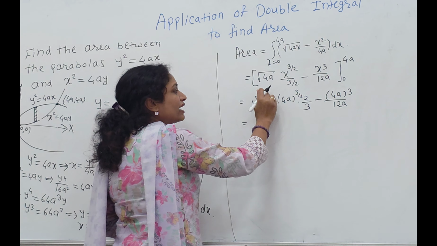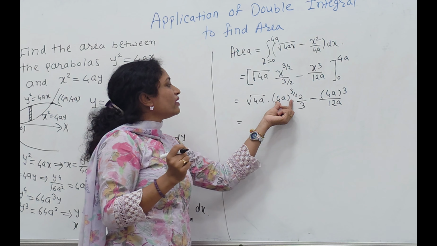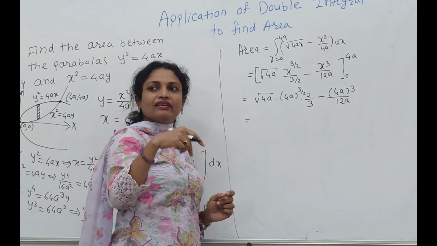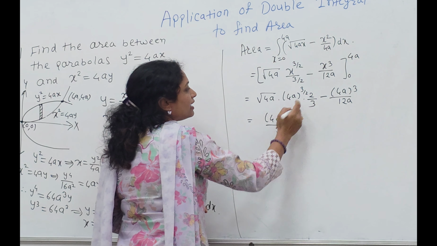4a square root means 4a raised to half. 4a raised to half into 4a raised to 3/2 gives 4a raised to 4/2, which means (4a)², so it will be 32a²/3 along with this.